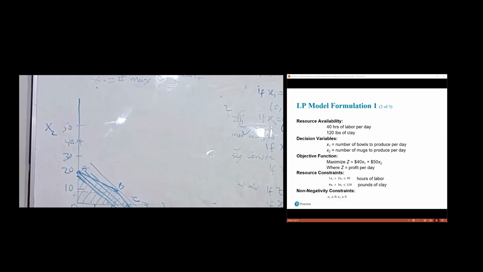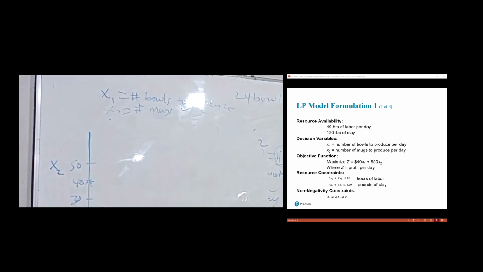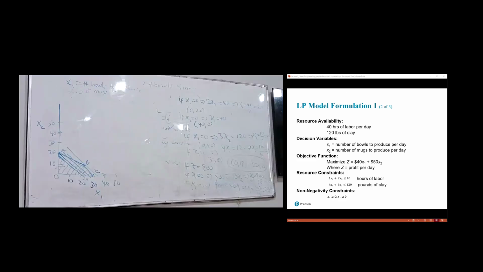So B will be the last point we touch before we exit. So that's the last point the objective function will touch before exiting the area. So graphically, we know the answer is B. So we can also get a solution that way.